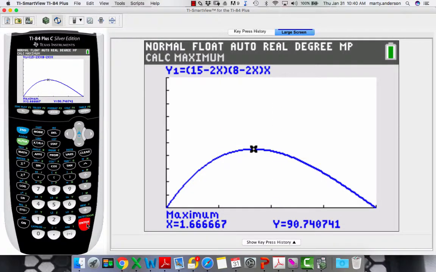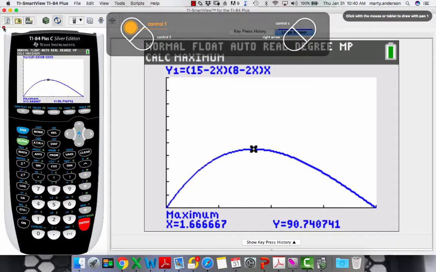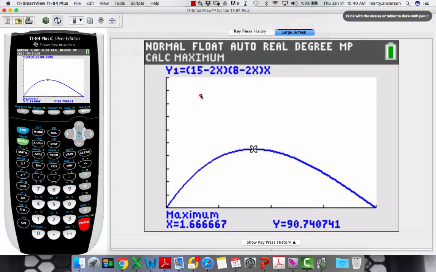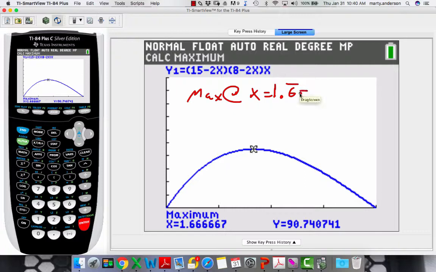So my answer is going to be, the max is at x equals 1.6 repeating, or 1 2/3 of an inch.